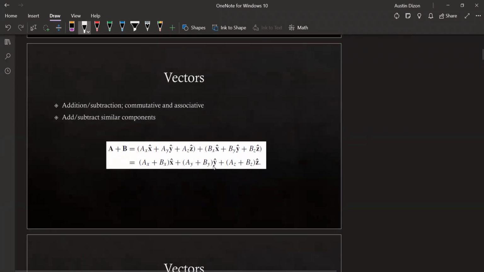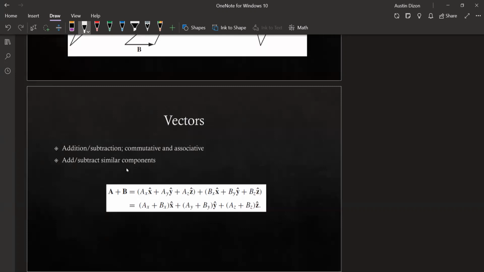So, syempre kapag mag-a-add ka, medyo weird sila kasi ang gagawin mo sa vectors, i-add mo lang yung mga similar components. It's not your usual addition and subtraction.